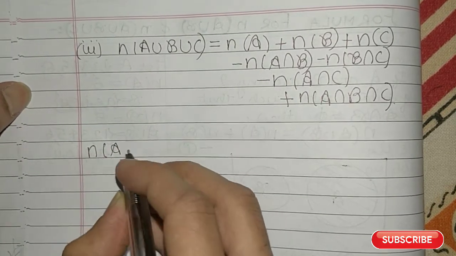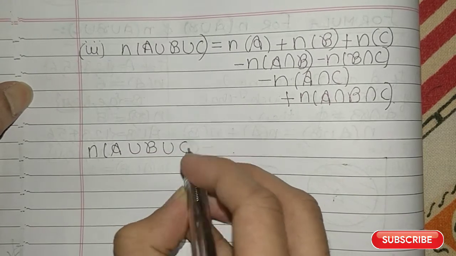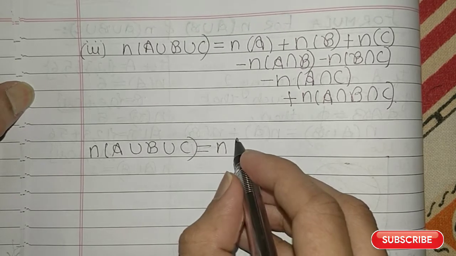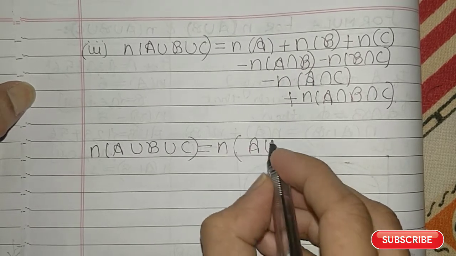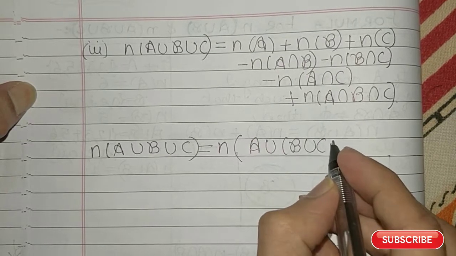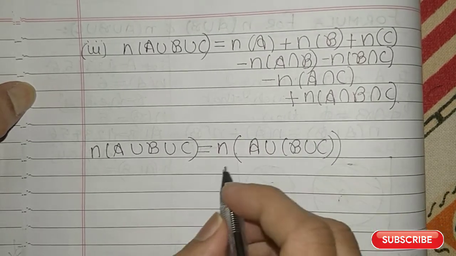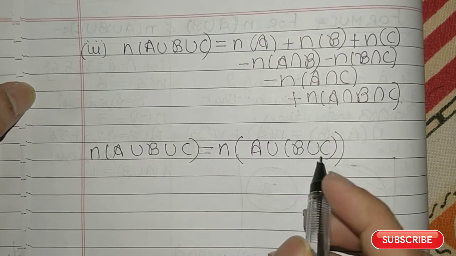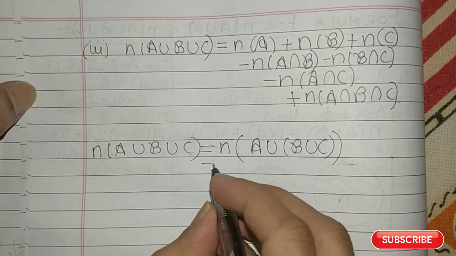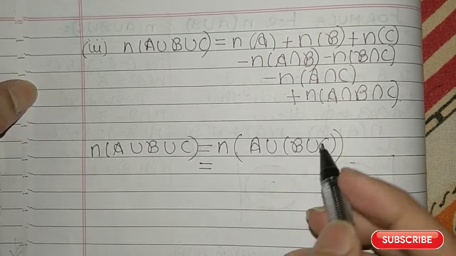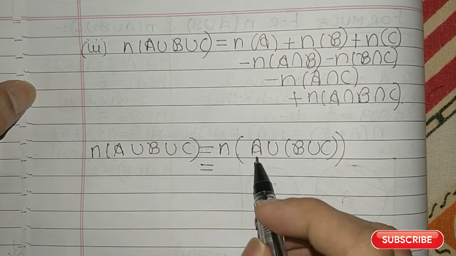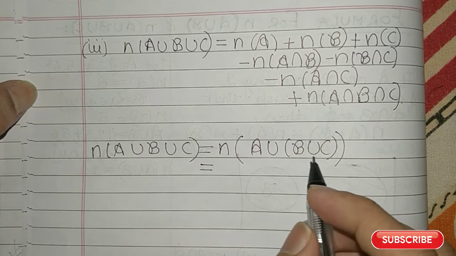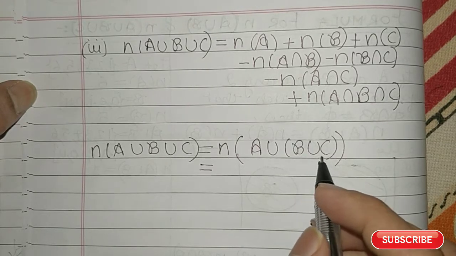So you have n(A union B union C), right. So we can write this as n(A union (B union C)), like this we can write it. Now suppose you use the formula number 2 here, okay, what you will get? You look at the set A here as the set A in the formula 2 and the set B union C as the set B in the formula number 2.